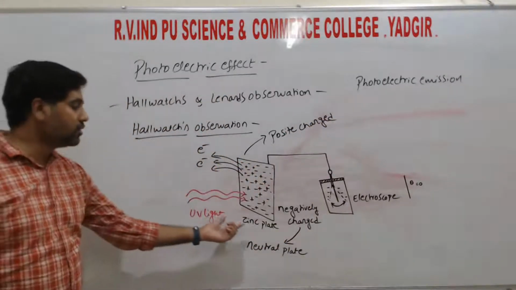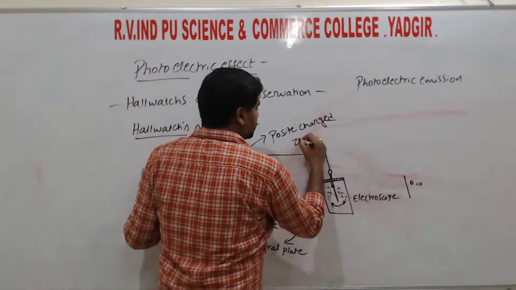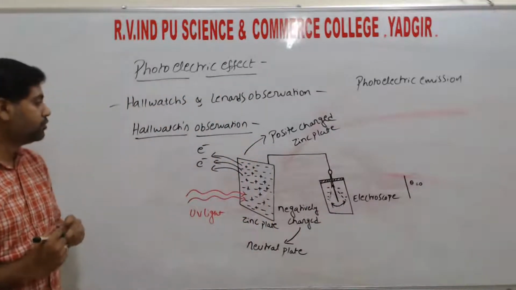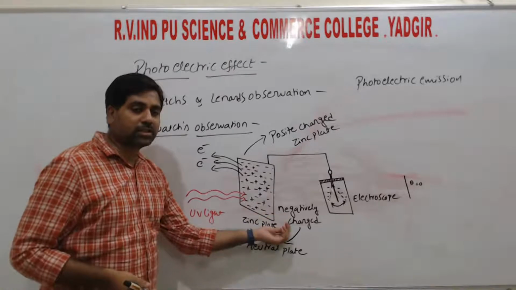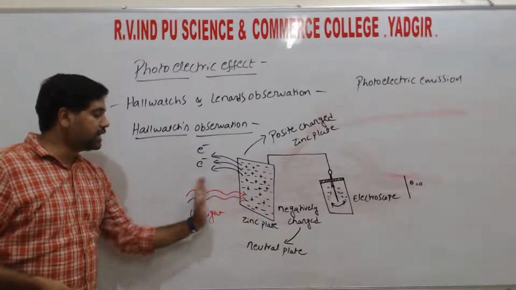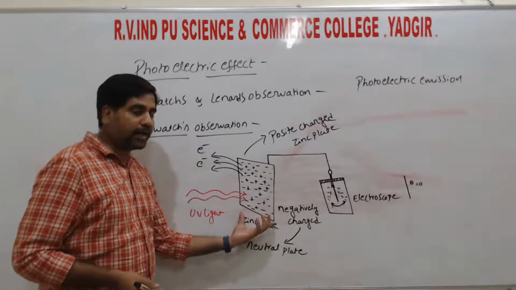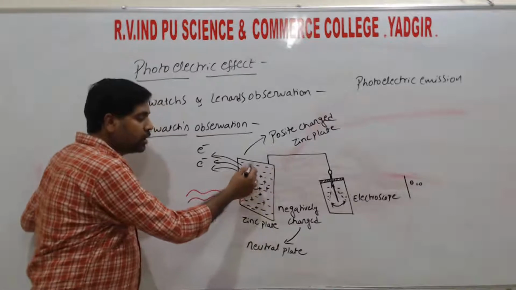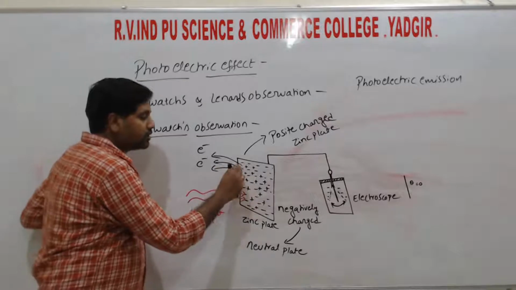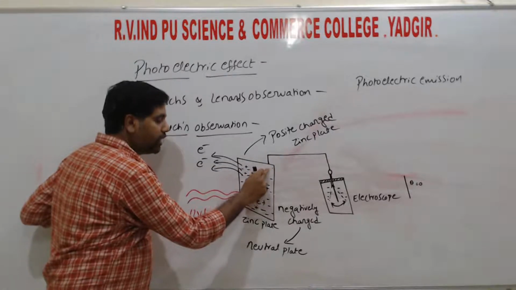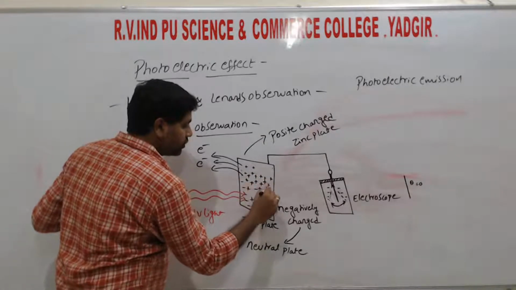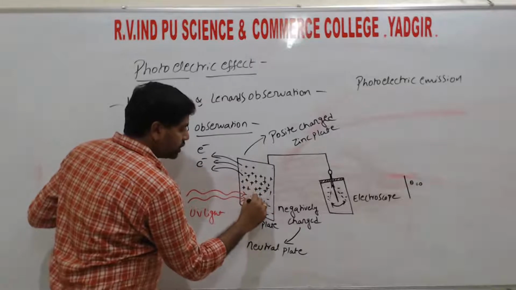So he observed first that the negatively charged electrons are emitted from this zinc plate. He further incident the ultraviolet light on this zinc plate, and then the electrons present in the neutral state are also emitted from this surface. Then the zinc plate has only the positive charges, that is, a positively charged zinc plate.